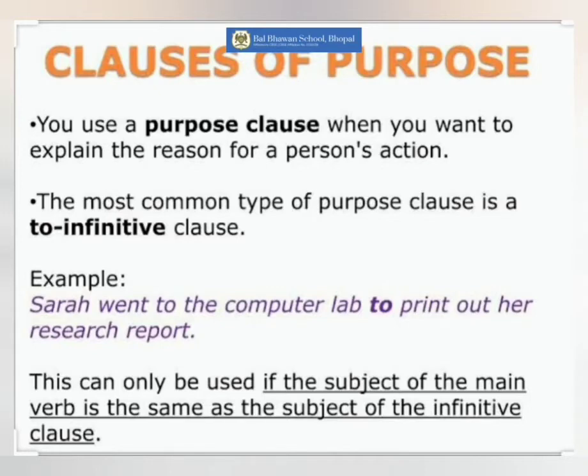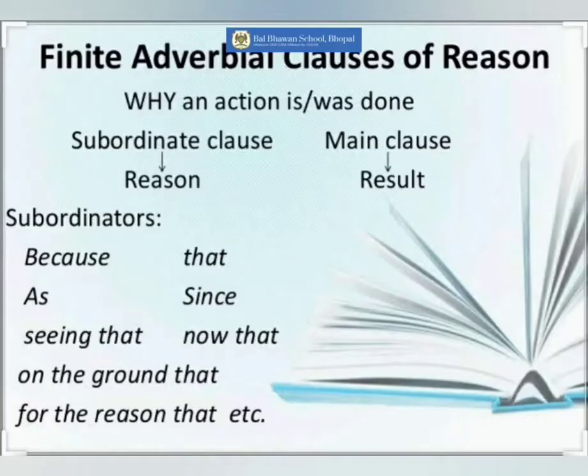Moving on to the adverbial clause of reason. An adverbial clause of reason is directly connected to the main clause of the sentence. It explains and gives a reason for the main idea.